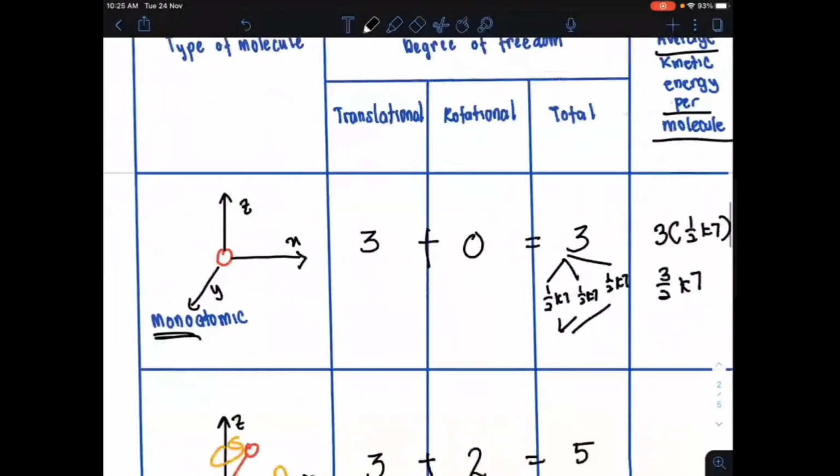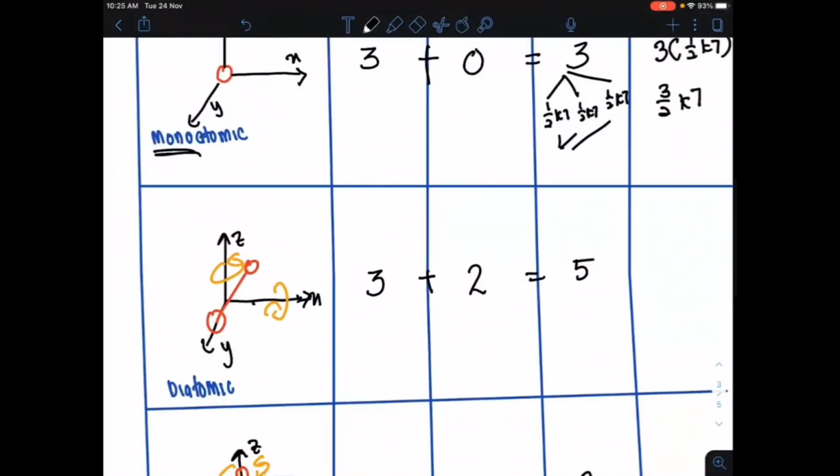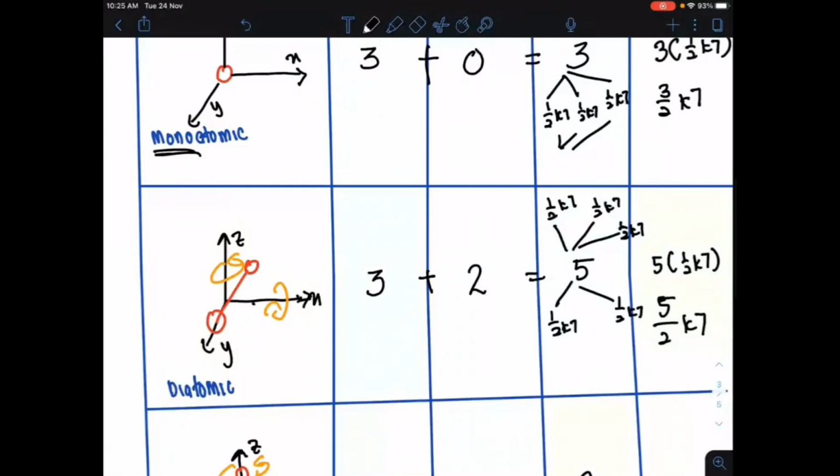And then kalau diatomic pula, dia ada 5 degree of freedom. Setiap degree of freedom akan simpan 1/2 kT. So dia akan ada a total of 5 darab dengan 1/2 kT. So kita dapat 5/2 kT. So for diatomic kita ada 5/2 kT.